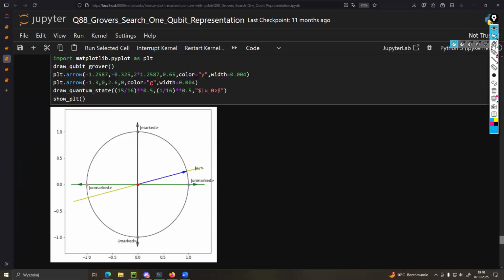We draw our initial state, and we draw two lines that will represent something that we will get to very shortly. And the first one actually happens already. So if we describe every single sub operation of the Grover's algorithm, this is what we see. First, we prepare.